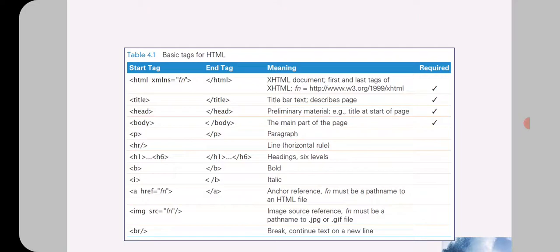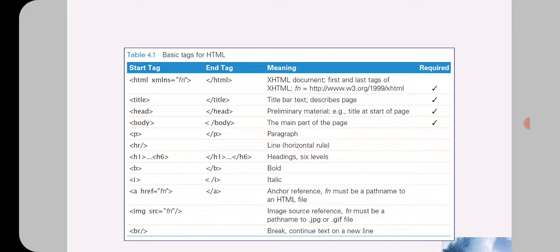P tag. What is P tag? Paragraph tag. In HTML, if you want to start a new paragraph, we use the P tag, P slash P. P means paragraph, new paragraph tag. HR means horizontal rule, to display or to draw a new horizontal line.